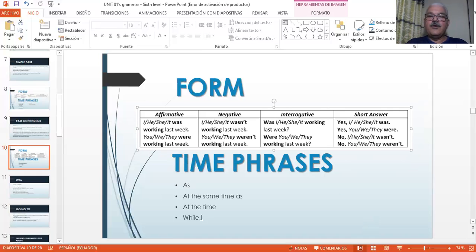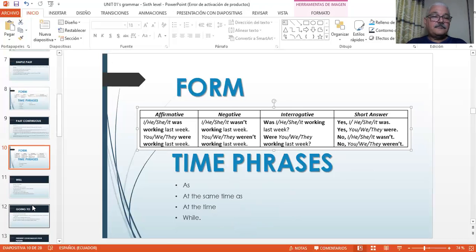But when we are going to create a long sentence, we may use time phrases like this: as, at the time, while, when, and something similar to this that we need for the process of doing something, like in this one, last week, okay?